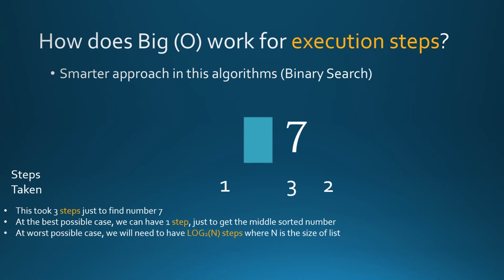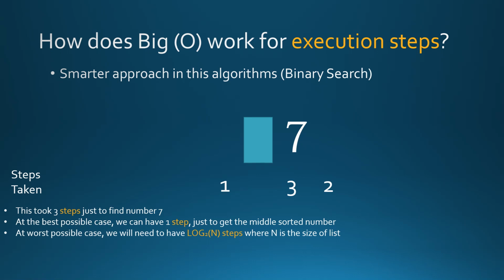What does that mean? Let's say you have an array of 8 integers. You're going to take at most 3 steps to find whatever number you need using this algorithm. That's really amazing. That's a huge advantage, better than iterating 8 times.